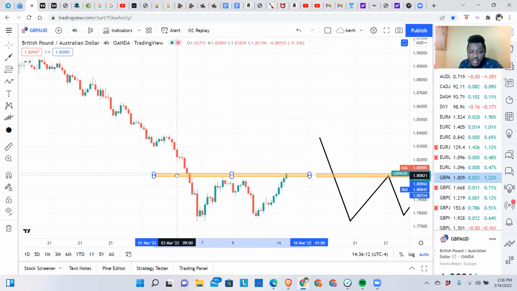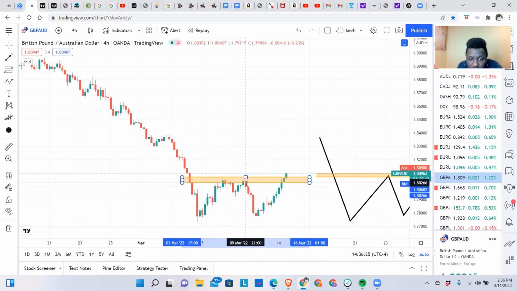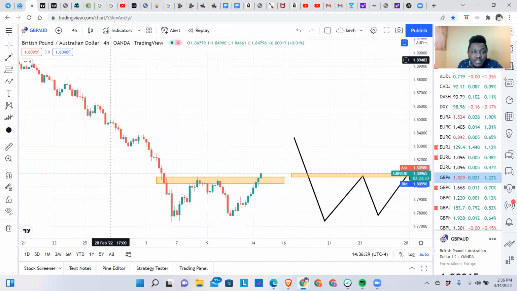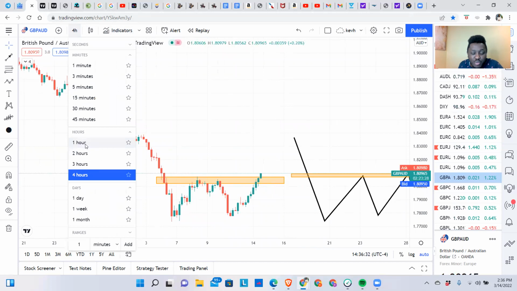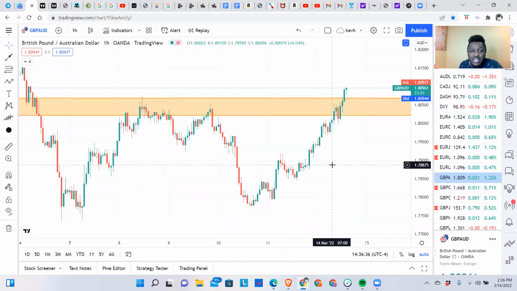Sorry, I got a phone call. So there's a zone right here, and we'll break it down a little bit so that we can get some better markings than this. So we could probably extend that to that area right there. Let's just drop down to the 1 hour time frame and see what's happening.